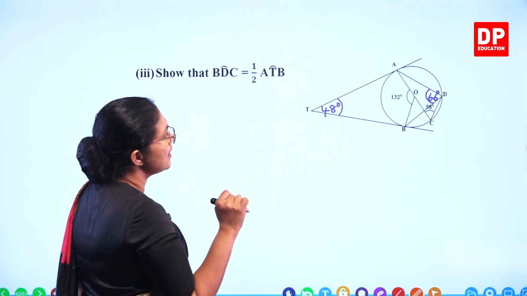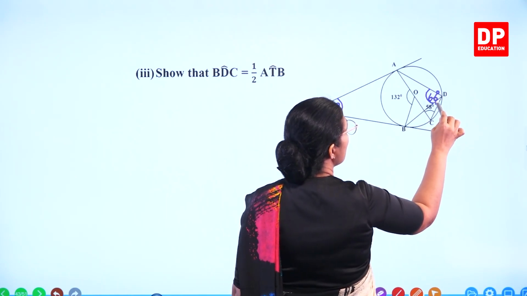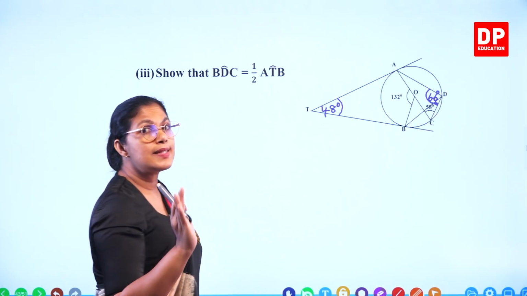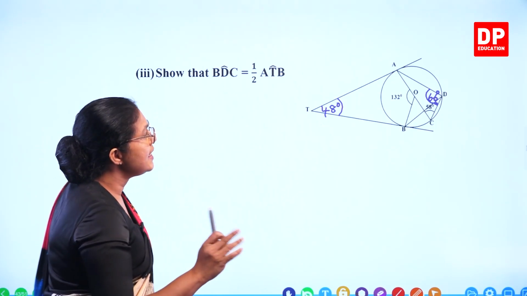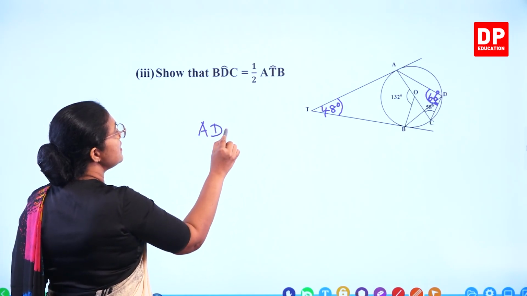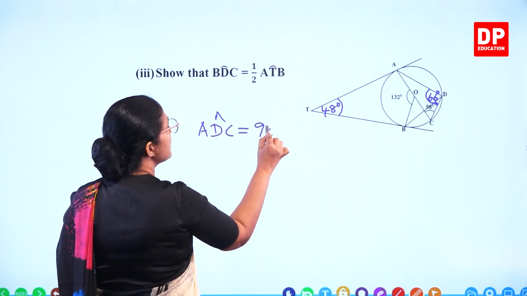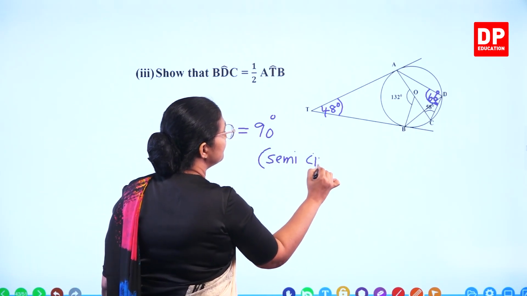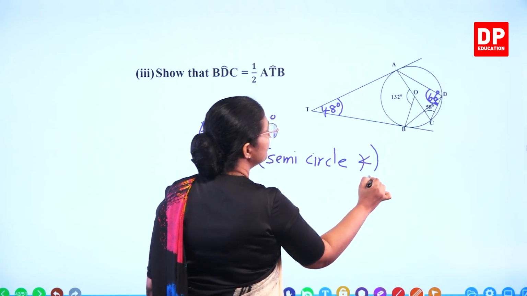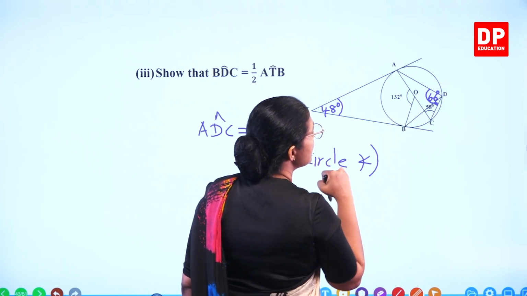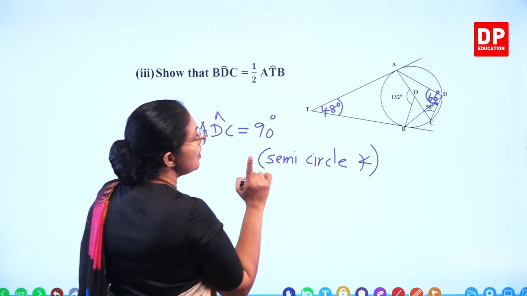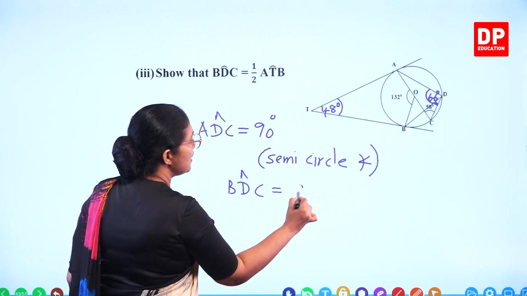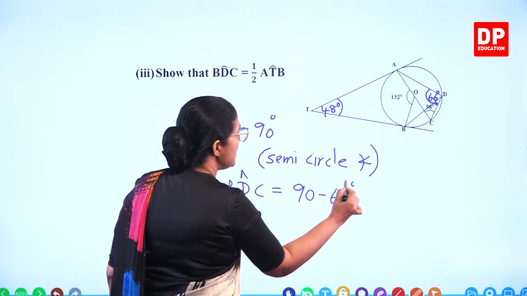BDC, this angle. How can you find this angle? AC is the diameter. So what is ADC angle? ADC angle is 90. Semicircle angles are 90 degrees. 90 minus 66 is BDC.